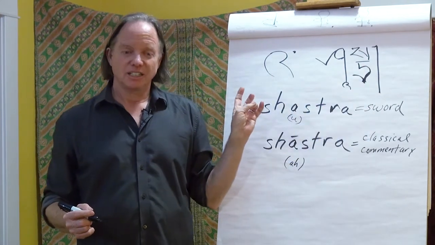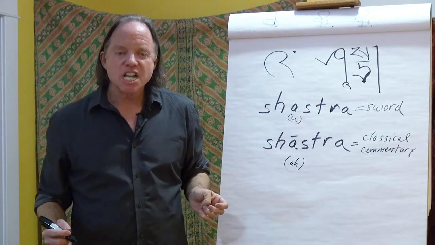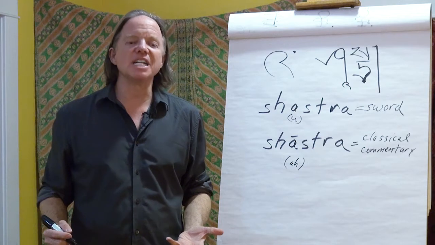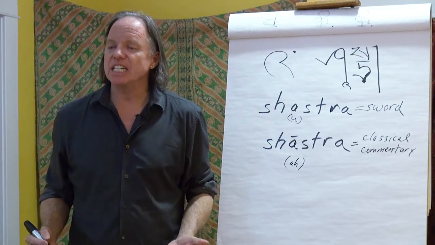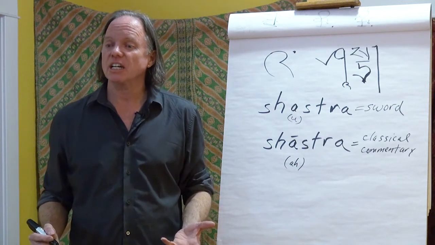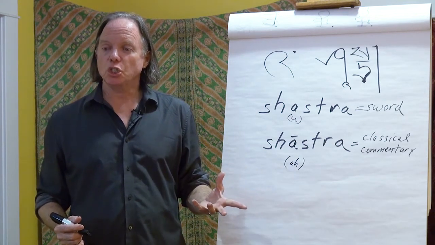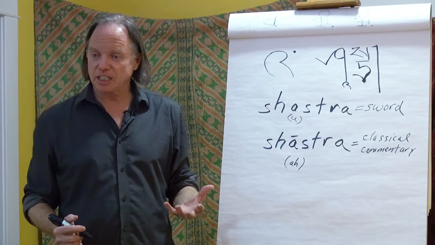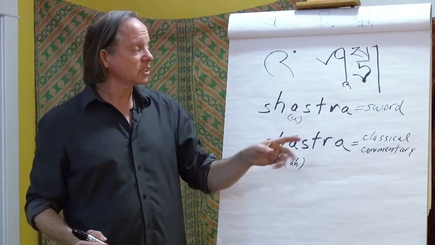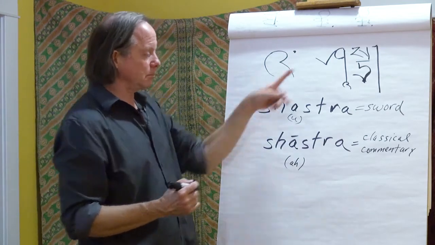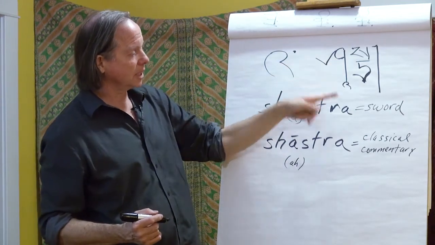Okay, Shastra. This da is not like all the other letters we had. It's not pronounced with a retroflex. It's a real TRA, Shastra. It's not even an English TRA, which would be tra with a CH. Say Shastra. If I want to say classical commentary, yeah, classical commentary.